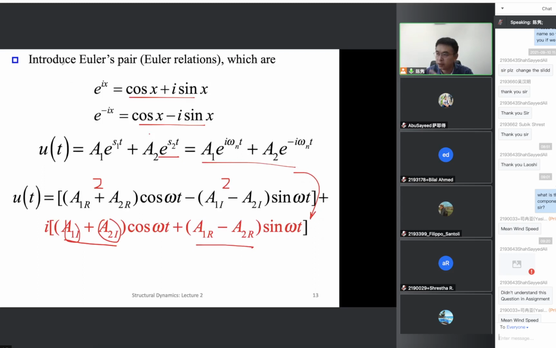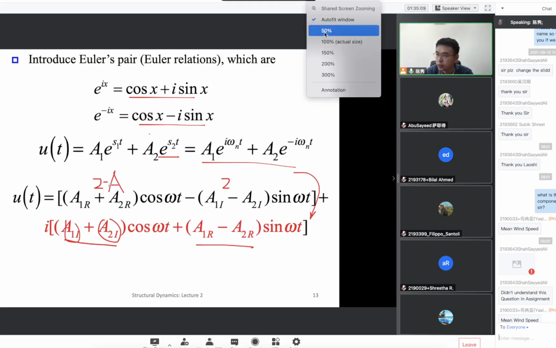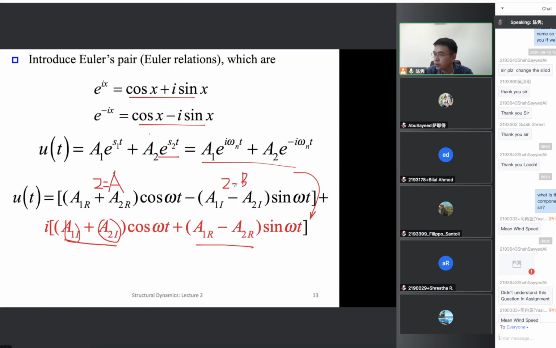So this is in our textbook. These two are the same, so they became a new A, which equals double A1 real. And this part became a new B, which equals double A1 imaginary.